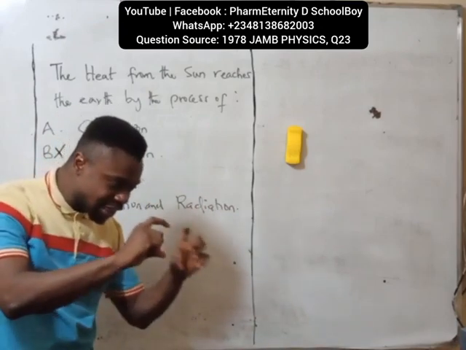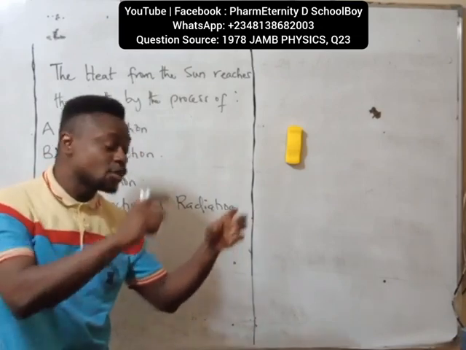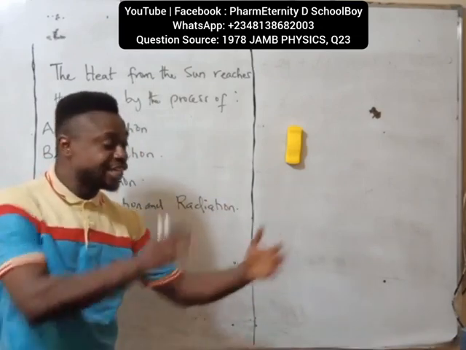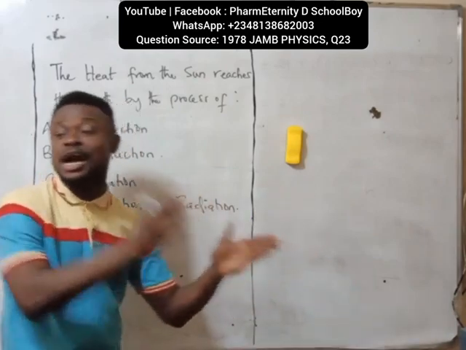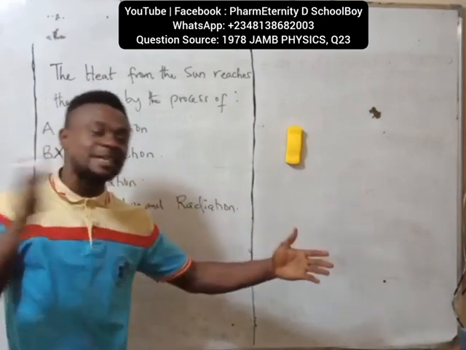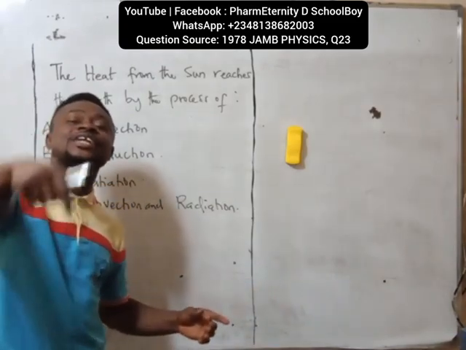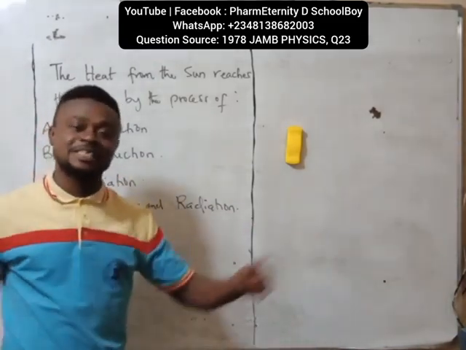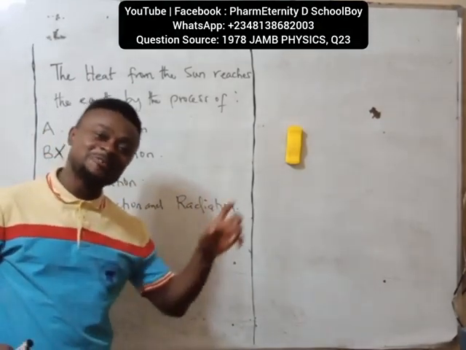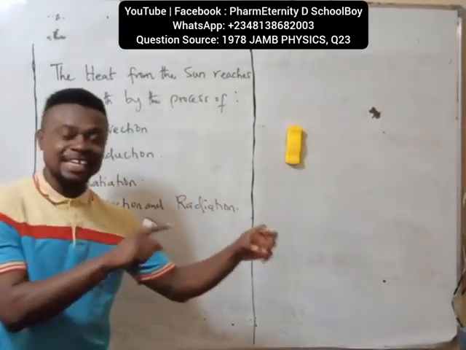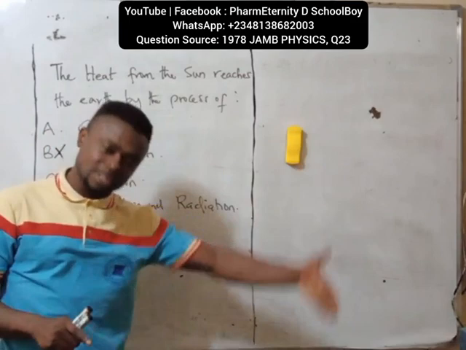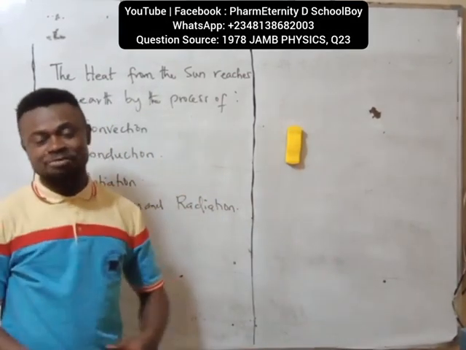The particles of this liquid or gas actually move. So the heated particles leave the heated region and move to the cold region. So in convection, there is movement of the heated particles of the liquid and the gas, and that's what leads to transfer of heat from the hotter region to the cooler region.